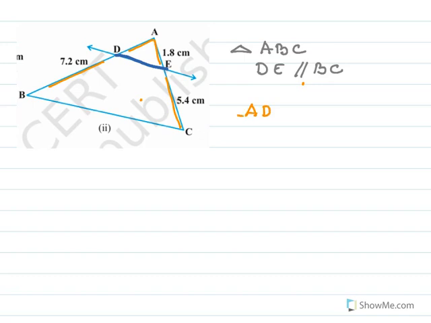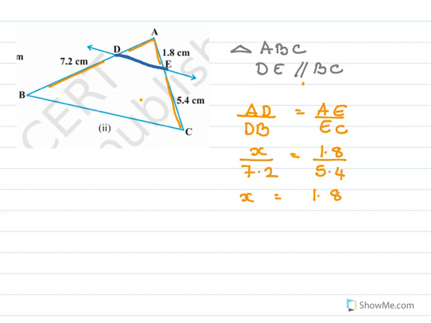So AD over DB equal to AE over EC. AD we don't know, that is X. DB is 7.2, AE 1.8, and EC 5.4. So the X will be 1.8 into 7.2 over 5.4.